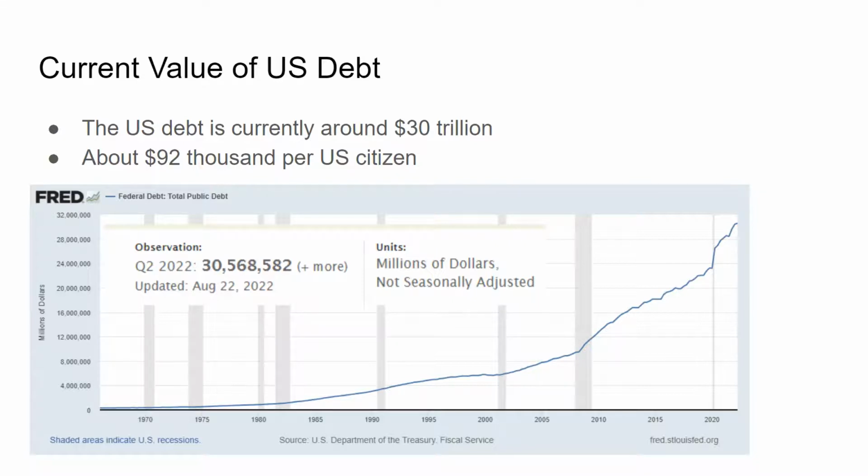As shown by the graph of US debt since 1980, the US debt has increased by 30 folds over the last 42 years.